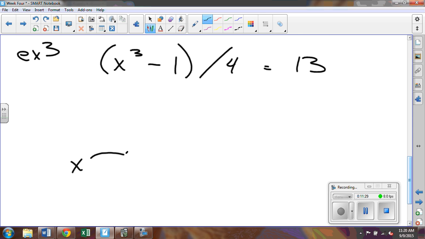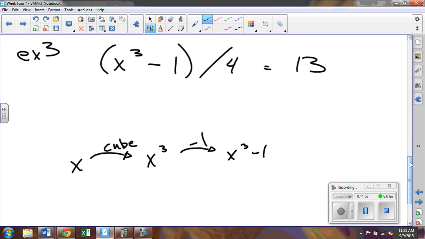What is the first thing being done to our argument? Okay, so we're cubing it, which gives us x cubed. What was the next thing that was done? Thank you, Brian. Subtract 1, which gives us x cubed minus 1.